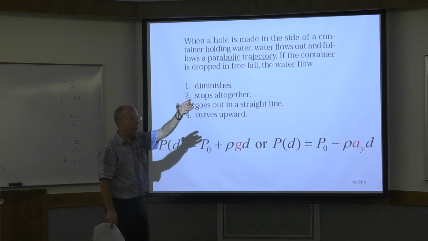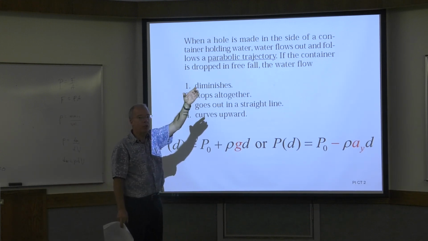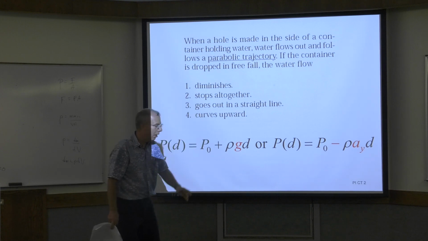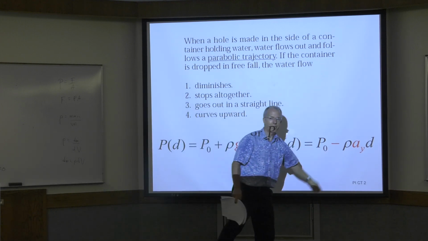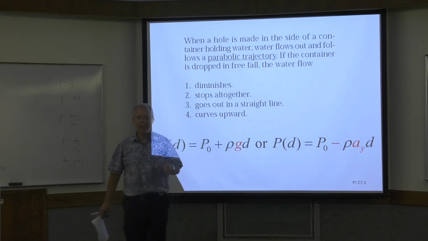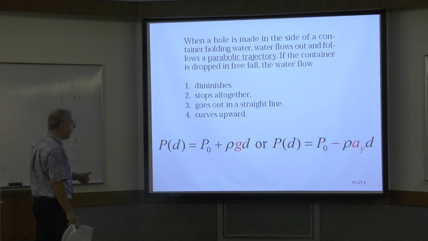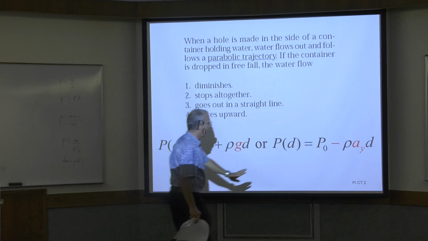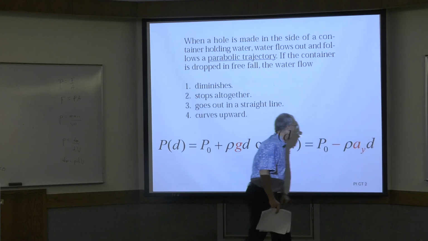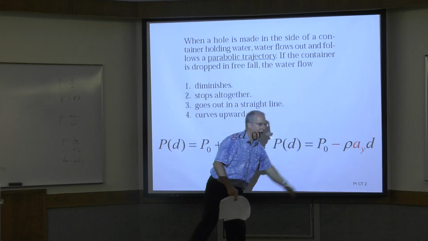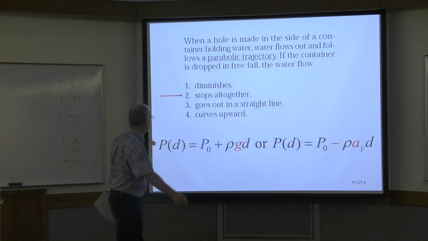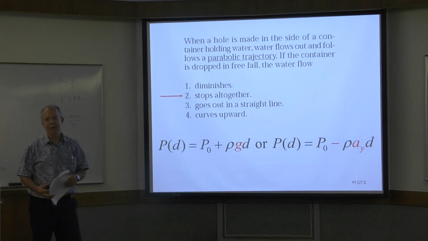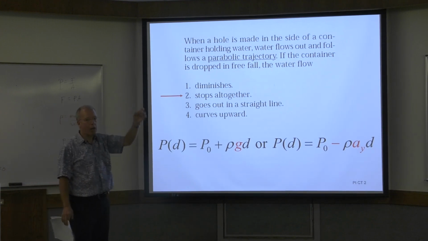According to the cup, when it's dropping in free fall, what's a sub y? It's 0. So therefore, this goes away, and therefore that equals that. So what's going to happen to the water? Nothing. The water does not fall out of the cup.